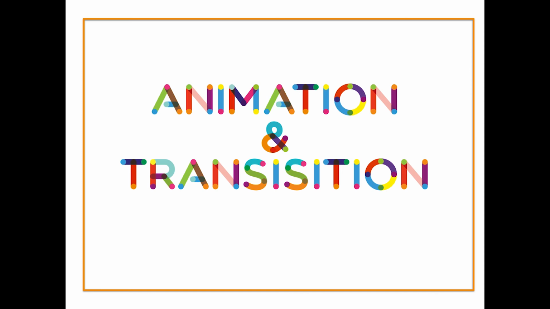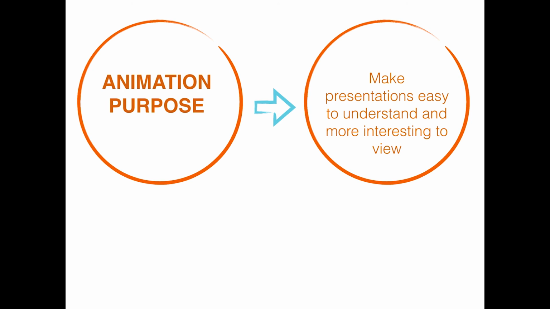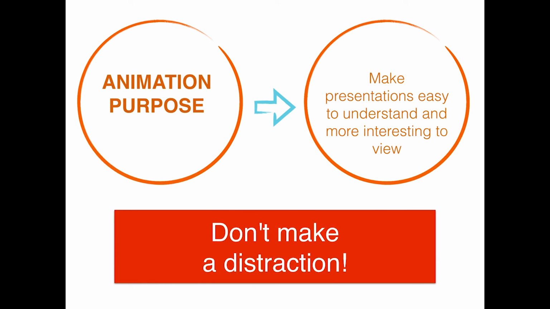Okay, we're going to the last element, animation and transition. What is the animation purpose? Yes, we know the animation purpose is absolutely to make a presentation easy to understand and more interesting to view.